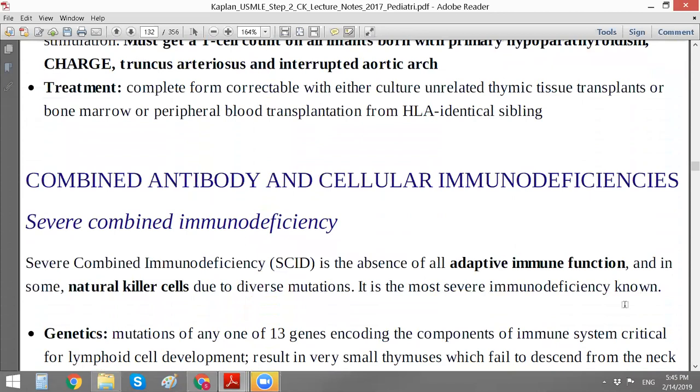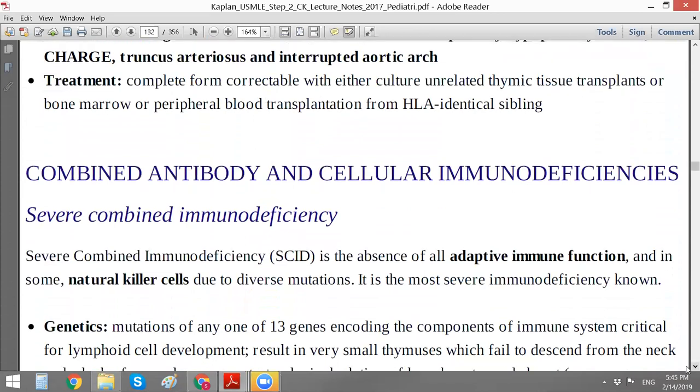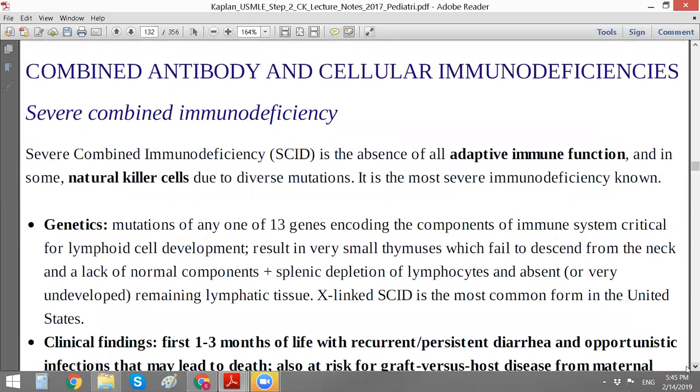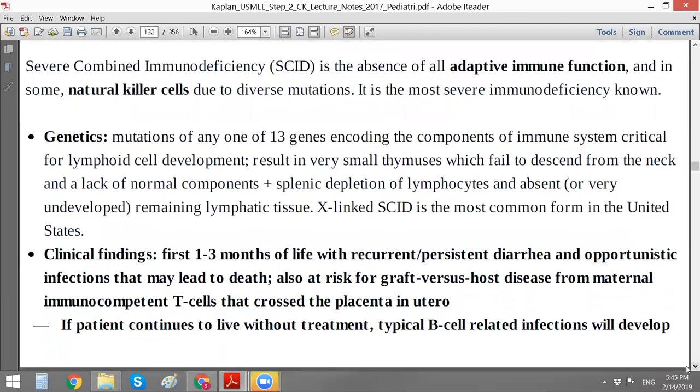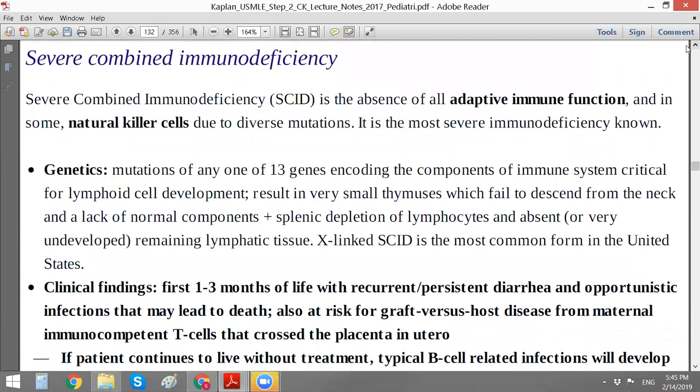Then we have combined antibody and cellular immunodeficiency. Severe combined immunodeficiency, SCID, is the absence of all adaptive immunity.